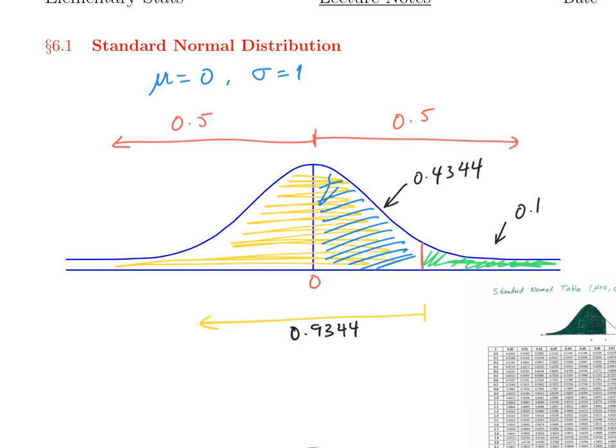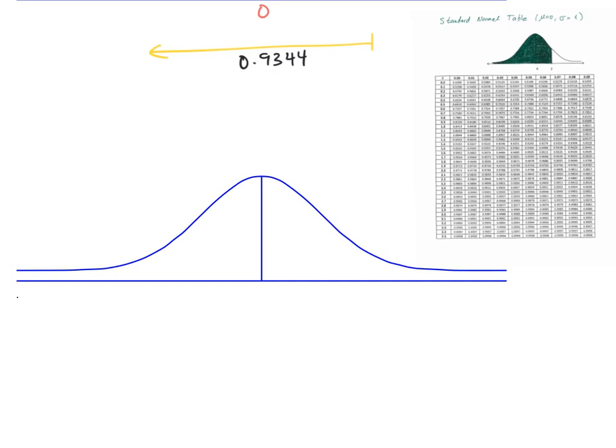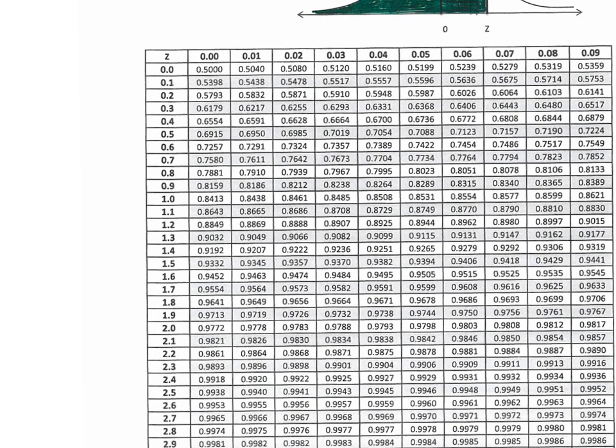So let's say that we have the number 1.45 here. If you look to the table, the value that corresponds to it is 0.9265, which is this one right here. You see that?